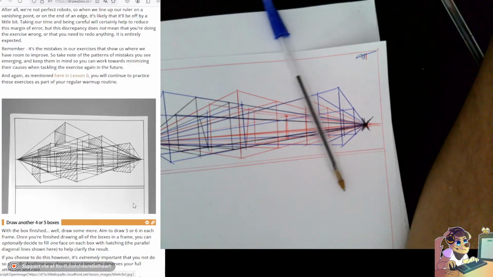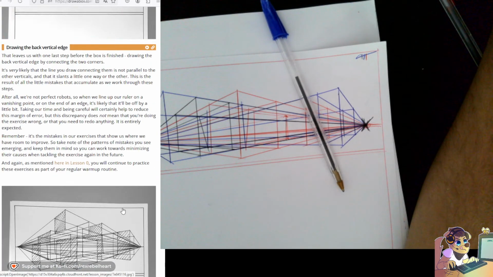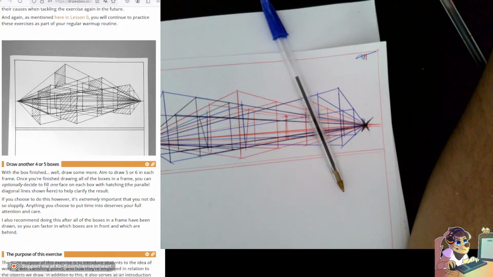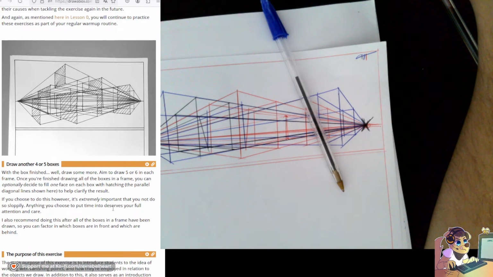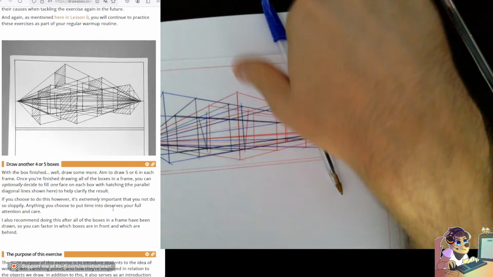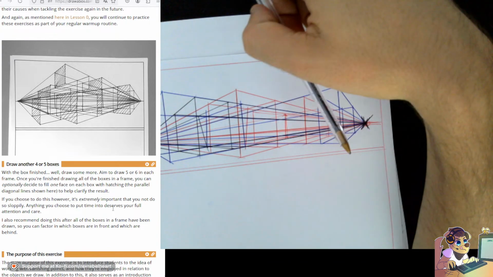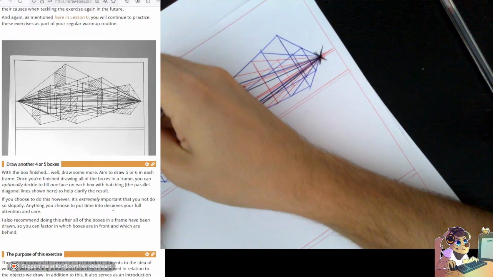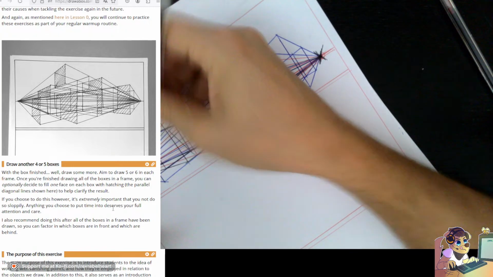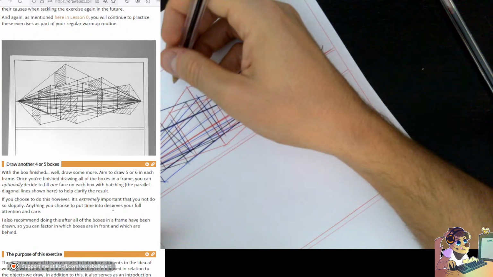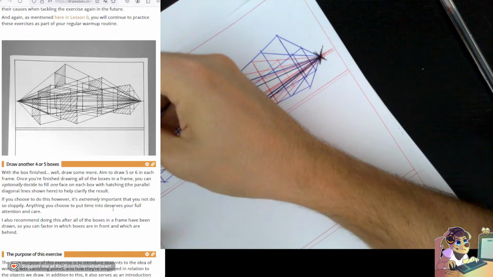Okay, what was he going on about with the cross-hatching? One face of each box with cross-hatching. Ah, okay. So for example, this one over here. That's the box, right? I've lost my own box. Yeah, that's the box.